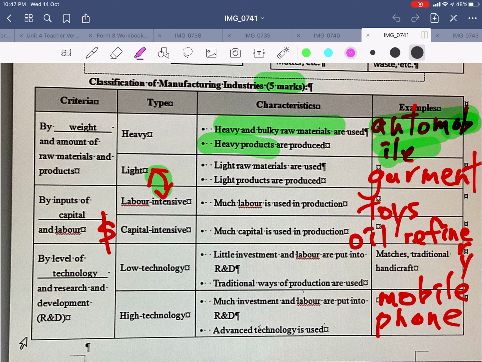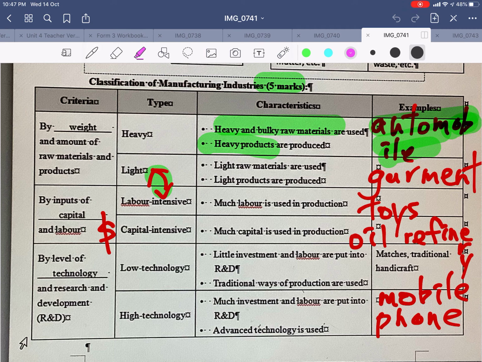Mobile phone making or assembling, just like at Foxconn in Shenzhen, China, has a lot of technology built into the mobile phone. So accordingly, we have high technology there.